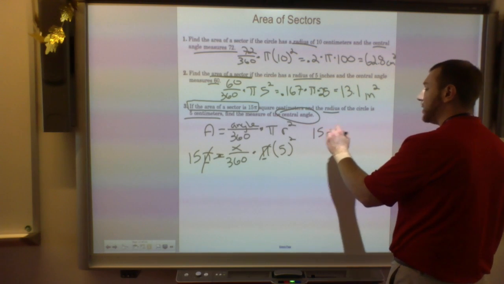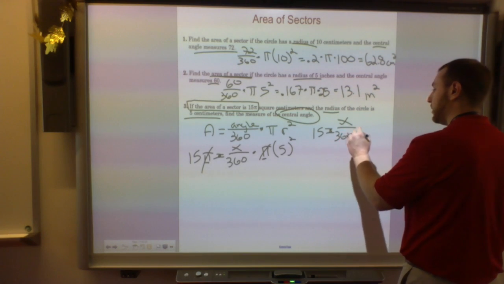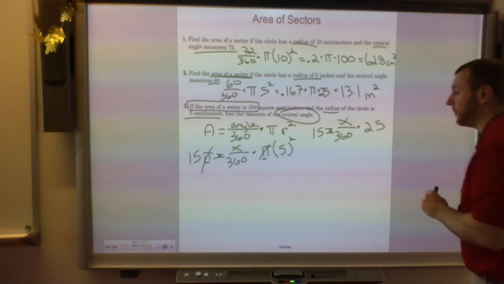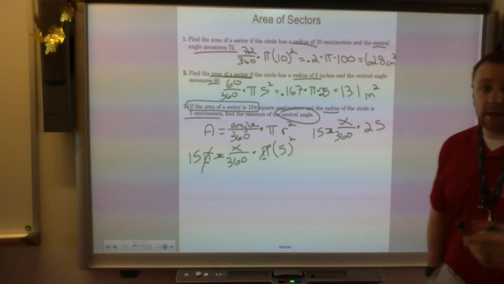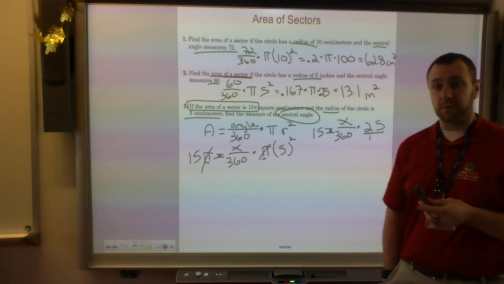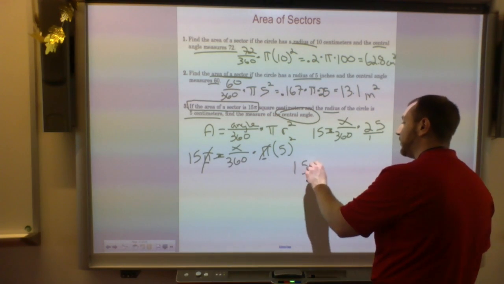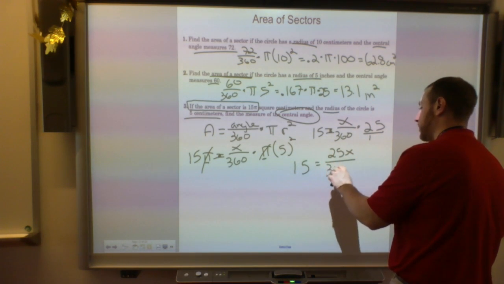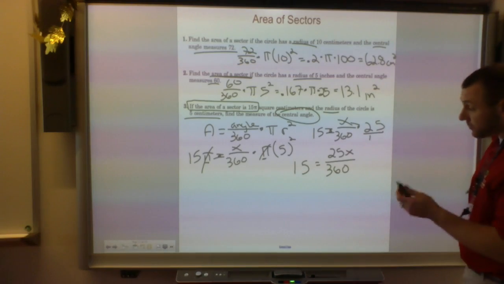So we get 15 equals x over 360 times, well, 5 squared is 25. Now, a lot of you are looking at this and going, I don't know how to work this. Well, remember this 25 over 1. So, I can write this as 15 equals 25x over 360. Because I just multiply straight across.